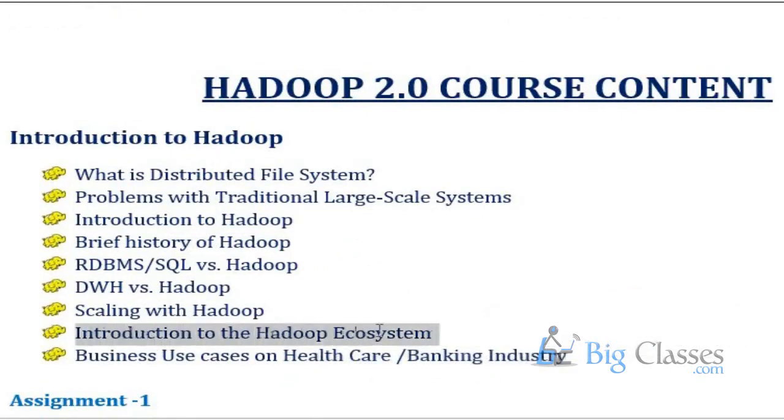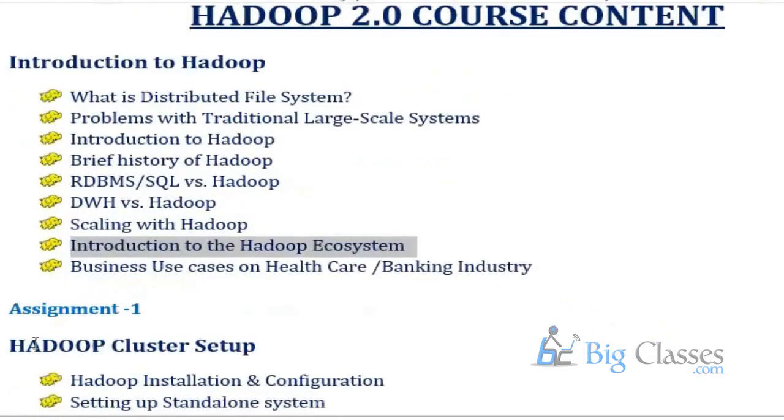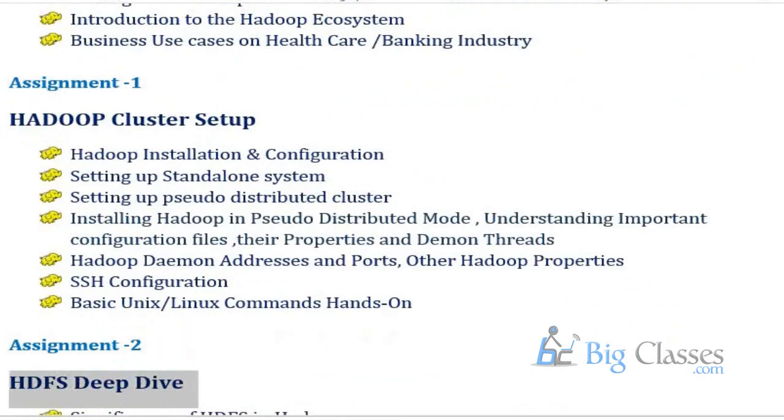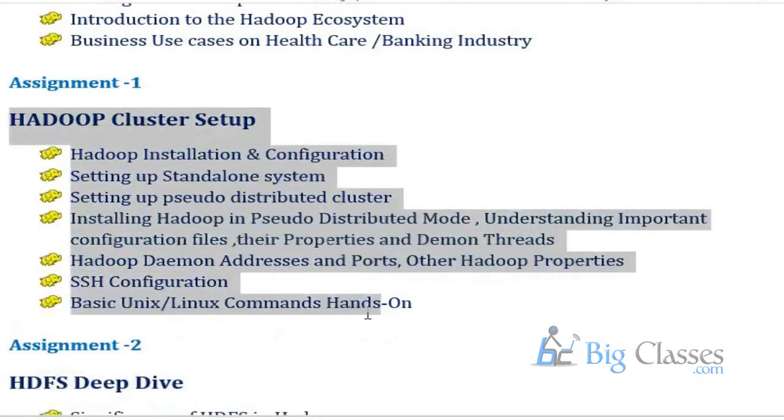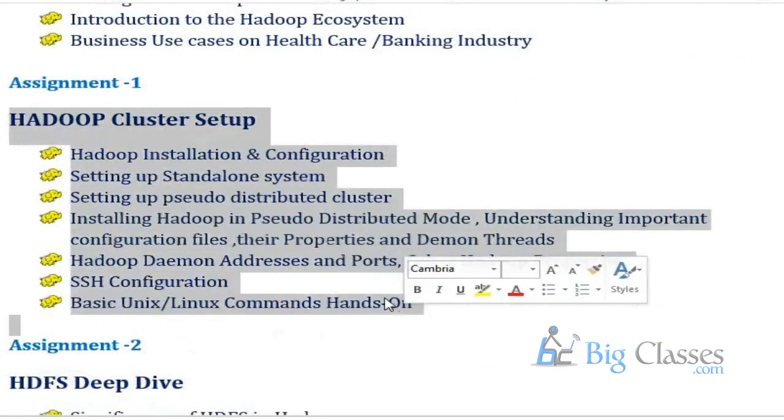Especially when you go for this, the Hadoop ecosystem will start with the HDFS. The second part is going to discuss how to do cluster setup on our machines. Cluster setup we can do on Windows or Linux or Unix or Mac OS. Any of these OSs we can use for this cluster setup.